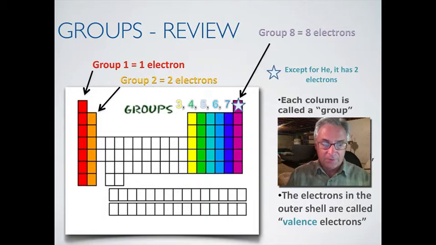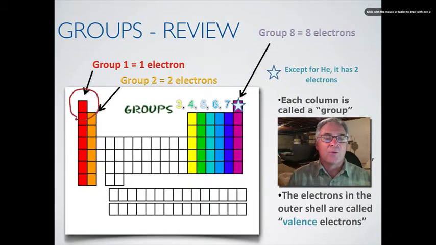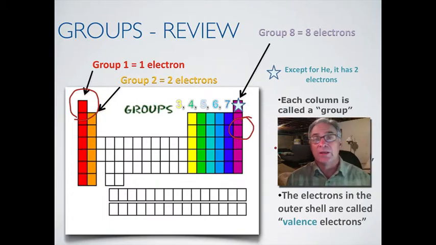For instance, as I said before, if it's over here, it's going to have 1 electron, and that includes hydrogen as well. And of course, all the way to the noble gases, which have 8. Now, there is one exception. Helium has 2 electrons. Everything else, as I said, is pretty true to form.